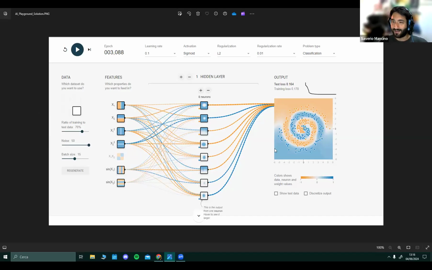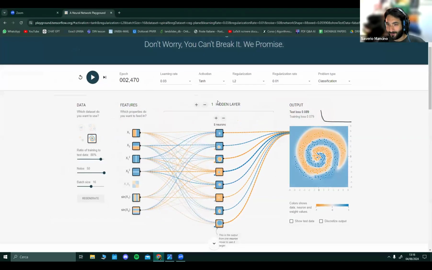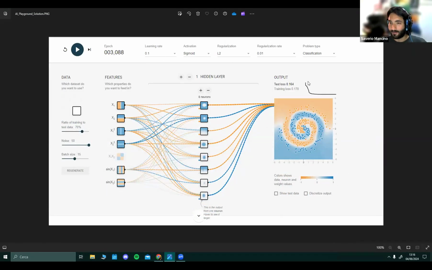I tried with a spiral cloud. I was trying to fit it, and I found a feature that fits well. I was also running it with a different activation method, looking at how much the learning rate changes the output, in this case reaching the global minima of the prediction. One thing I liked, which showed up suddenly, was that the more hidden layers I had, the more I corrupted the whole prediction.